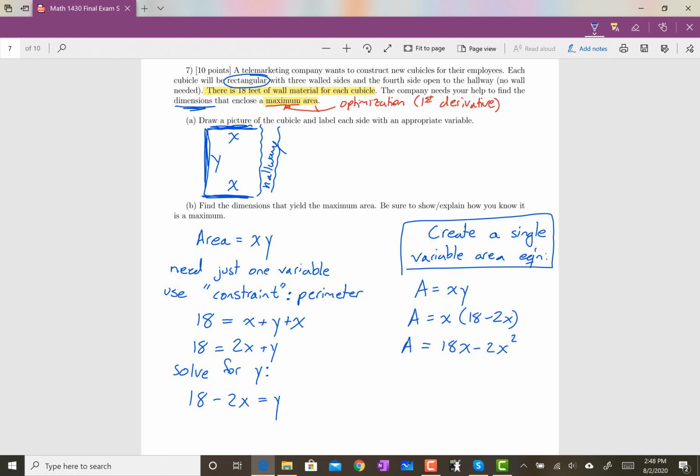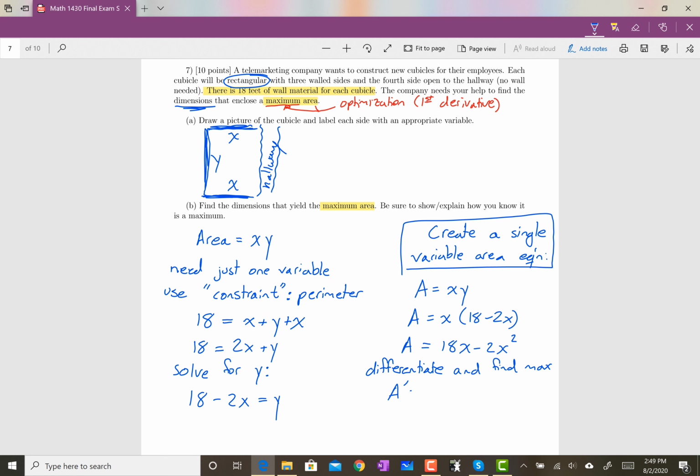Now that I have the area and I know I want to maximize it, I'm going to differentiate and find a maximum value.